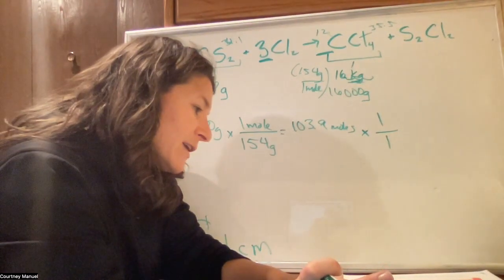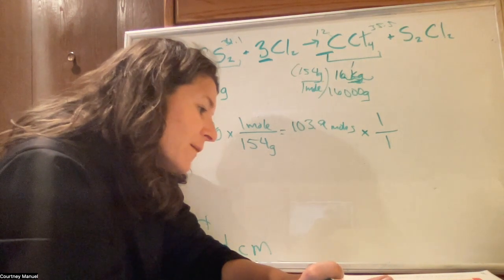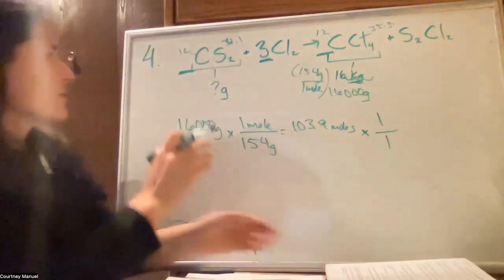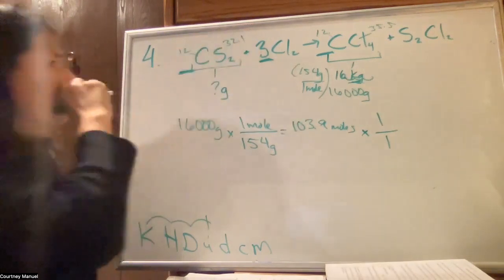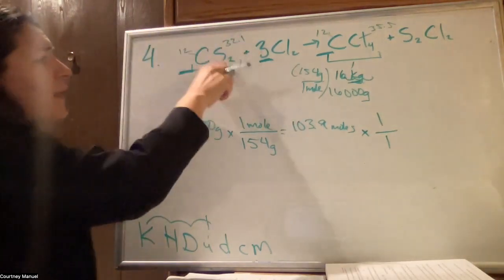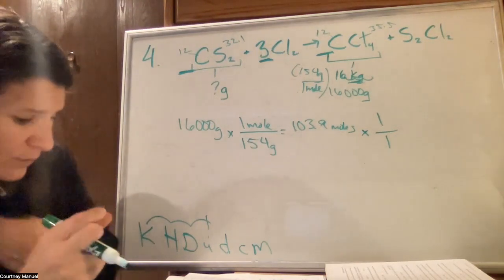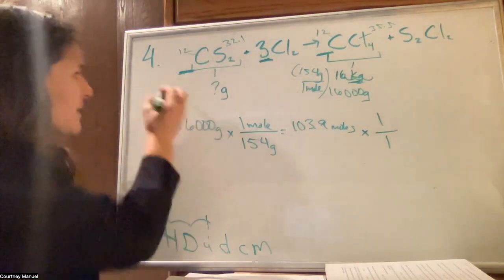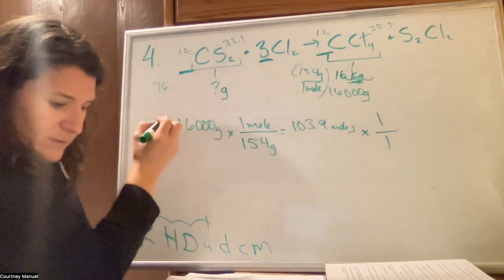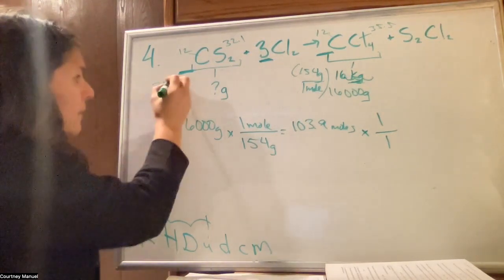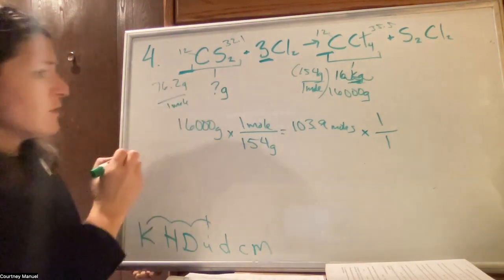I'm just going to double check that I found the right number, because sometimes I just make stuff up. 32.1. Oh gosh, I was close. What a mess up here. Okay, 32.1. So then we double that because we have 2, and then we add 12 to that, and we end up with 76.2, I believe. And that's grams in a single mole, or 1 mole of this is 76.2.